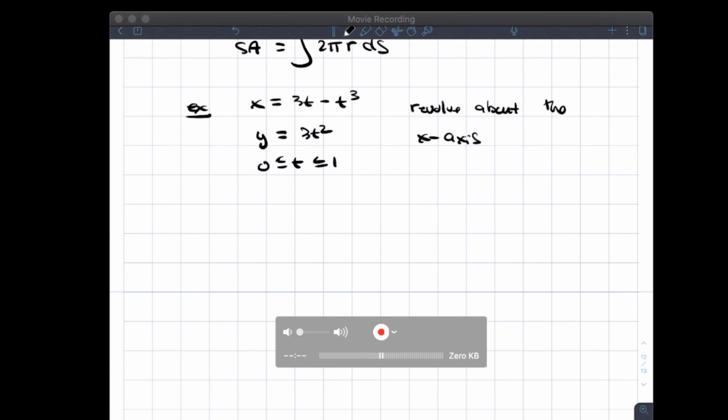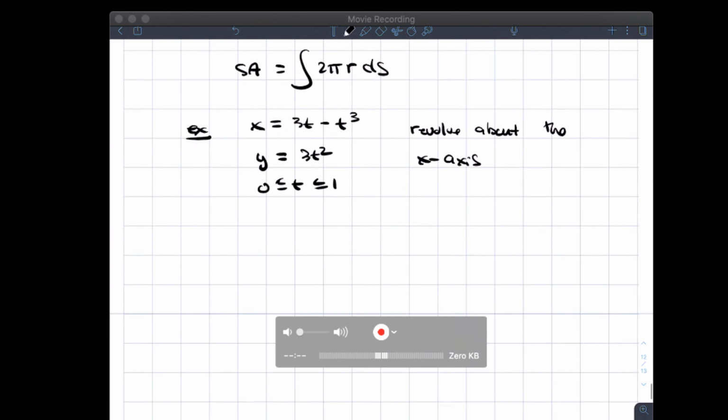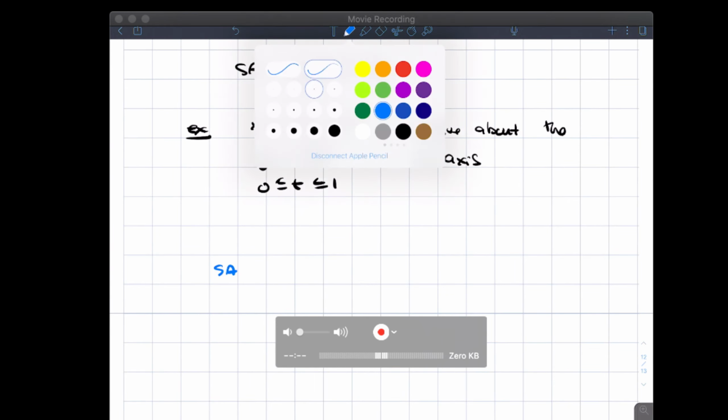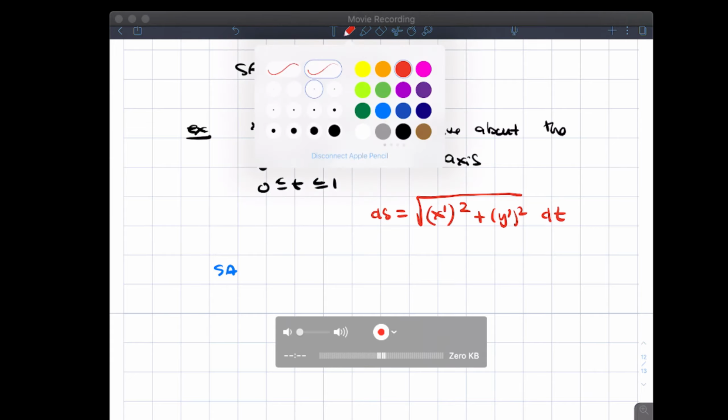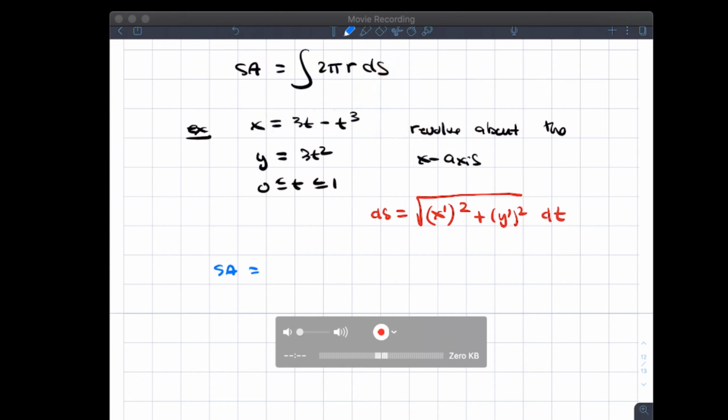It's the y coordinate. So by the arc length formula here, we got this arc length version of ds. That's the square root of x prime squared plus y prime squared dt. We've seen this notation, but surface area now, we start by saying 2 pi y now with that ds.